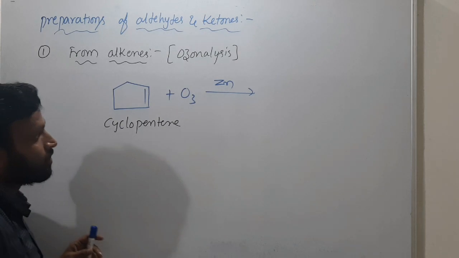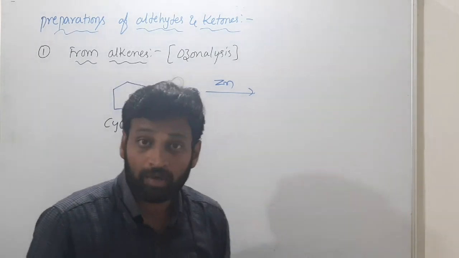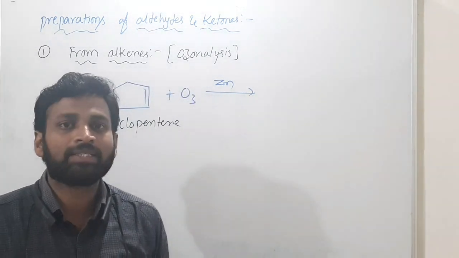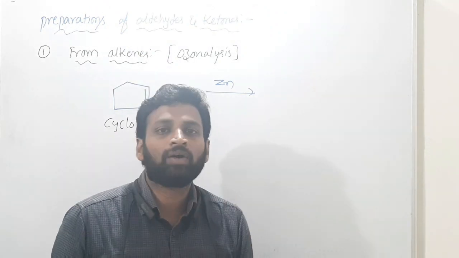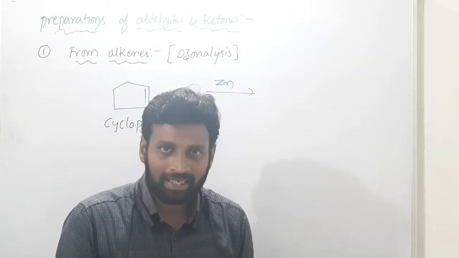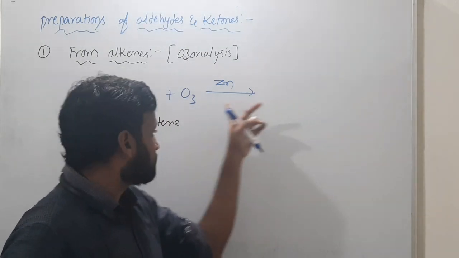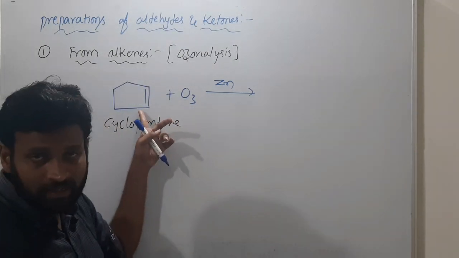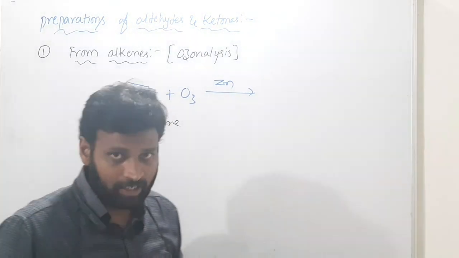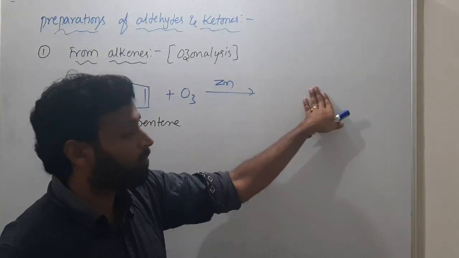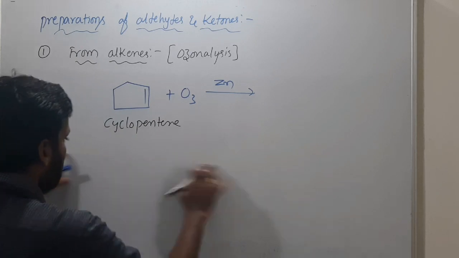Cyclopentene on ozonolysis, what is the product if they ask? But with these kinds of cyclic compounds you will get only one product. Cycloalkenes, cycloalkynes, if they give, you will get only one product. But open chain means you break completely and you have 2 products.